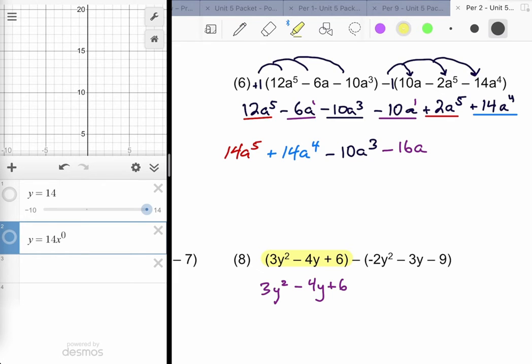But for the second one, we're just going to reverse every sign in this set of parentheses. So it becomes positive 2y to the second, positive 3y, positive 9. Because that's what happened here. I had a positive 10, a negative 2, and a negative 14.